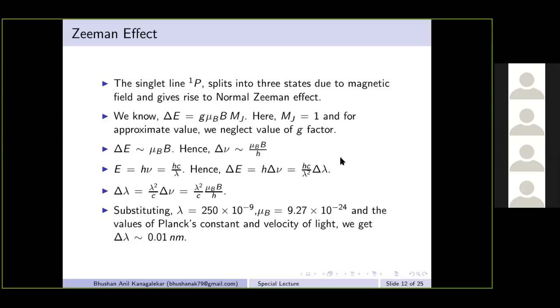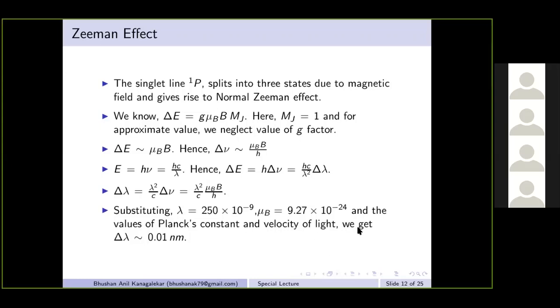This is the most crucial step over here. Like the error formula or just differentiation, we get hc by lambda square into delta lambda. From that you get the delta lambda expression, and now I put in the values: lambda equal to 215 times 10 raised to minus 9 meters, mu B equal to 9.27 in SI units, and Planck's constant and the velocity of light.